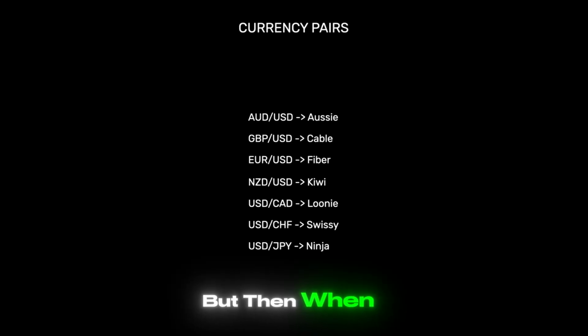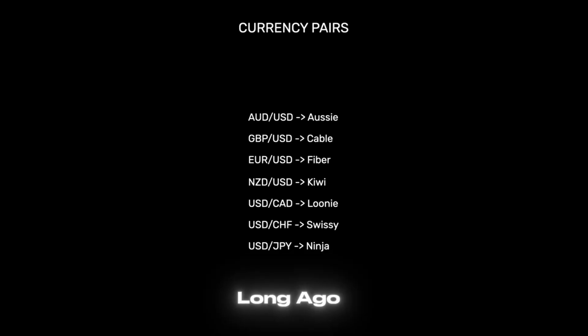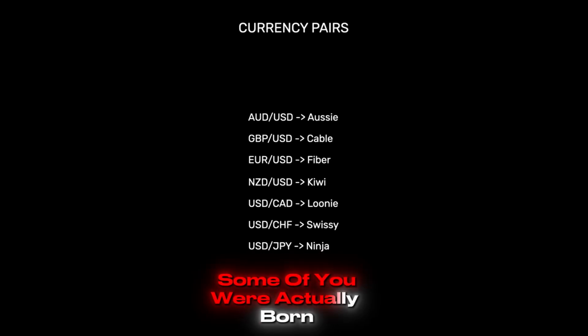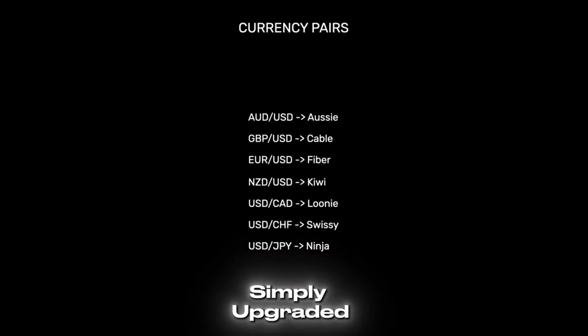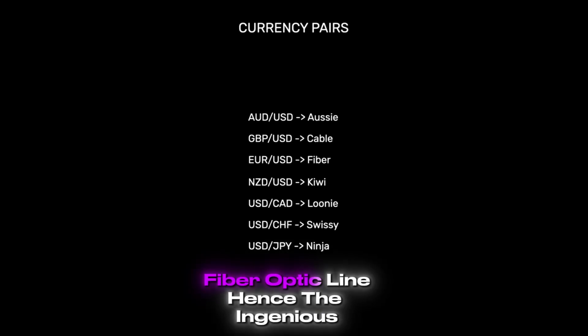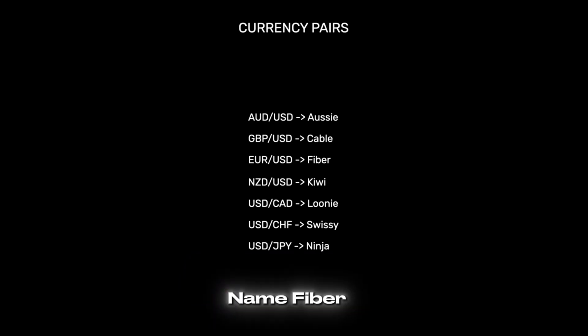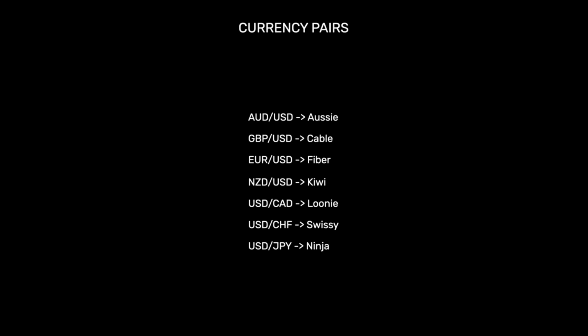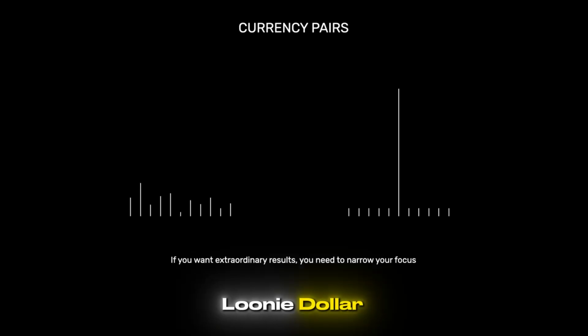But then, when the euro was introduced not too long ago, in the late 1990s, probably when some of you were actually born, a trader simply upgraded the old cable to a state-of-the-art fiber optic line, hence the ingenious name fiber. Then we have Kiwi dollar simply as Kiwi, CAD as Loonie, dollar Swiss as Swissy, and dollar yen as Ninja.